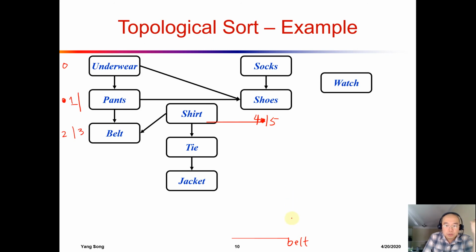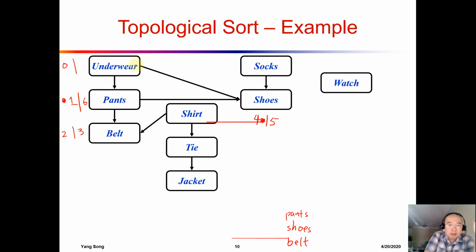So shoes will be the second black node we have, and after that we go back to the pants, and it seems that we can go nowhere from the pants, so I'm going to finish the pants here at time 6. So the pants will be the next black node.